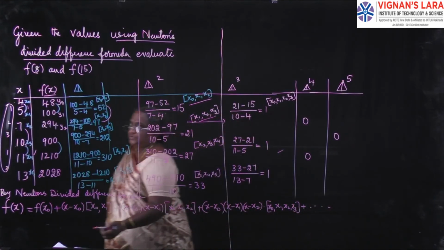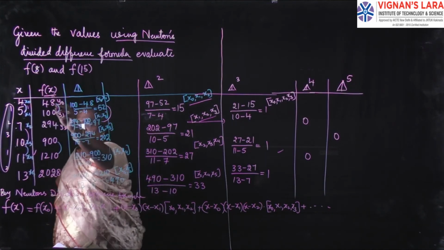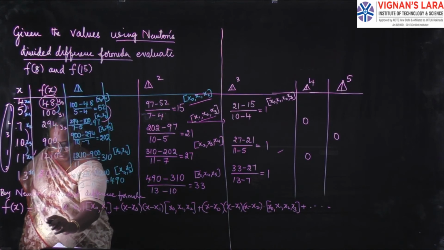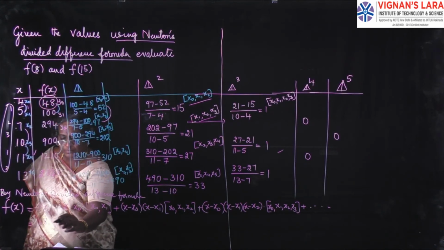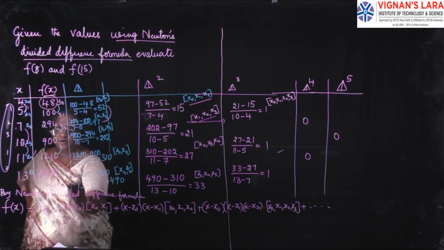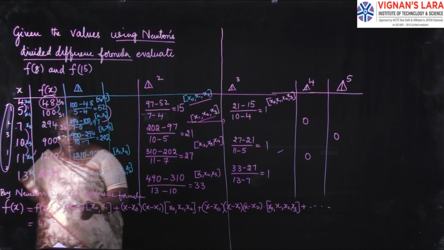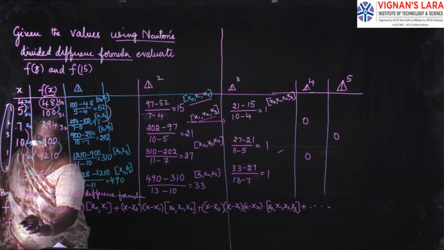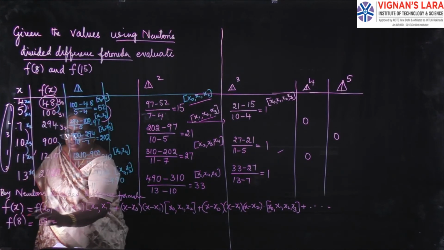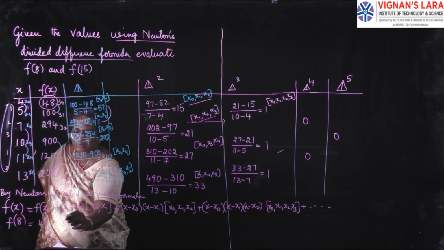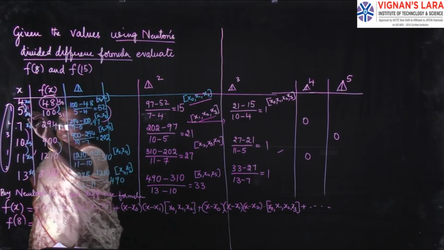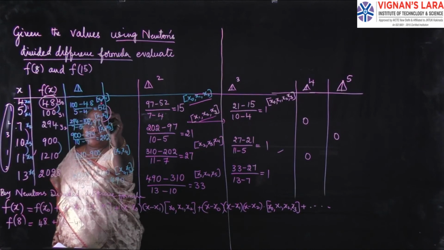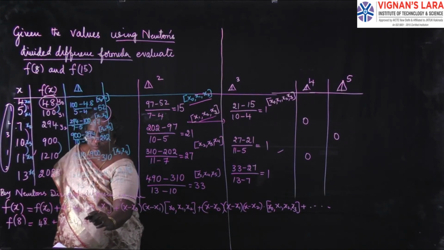Now I will substitute the values. What is our f of x0? It is 48. So this is equal to 48 plus (x minus x0). Let us calculate f of 8 first, so x is 8. 8 minus x0 is 4. The first divided difference of x0, x1 is 52.